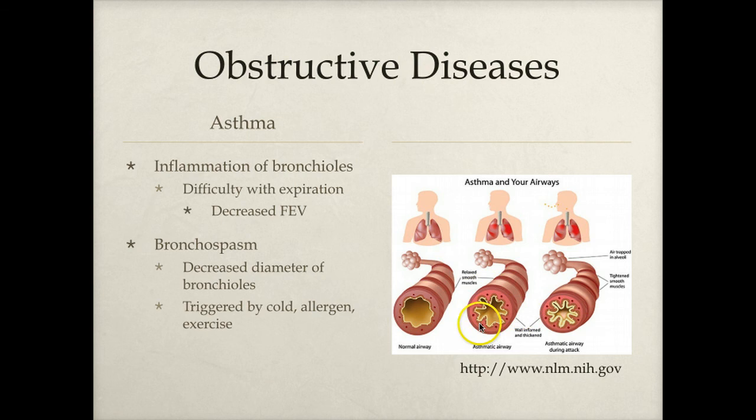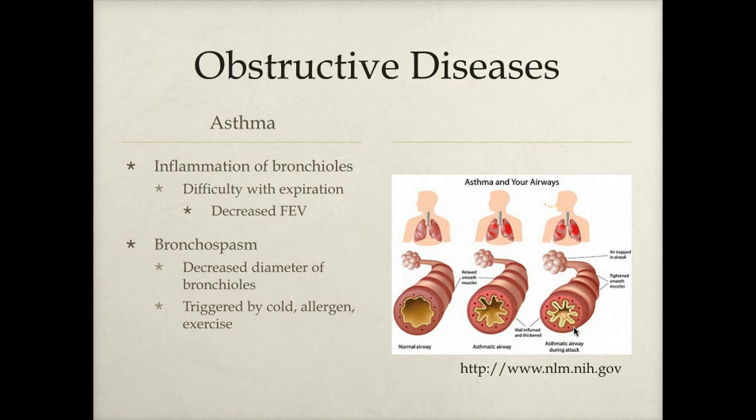Okay, so there's this inflammation that's involved. And then also what can happen if there's some type of irritant. This could be an allergen, it could be cold, it could be exercise. Something irritates the airway and it goes into bronchospasm. And there's smooth muscle that's lining the walls of the bronchioles.